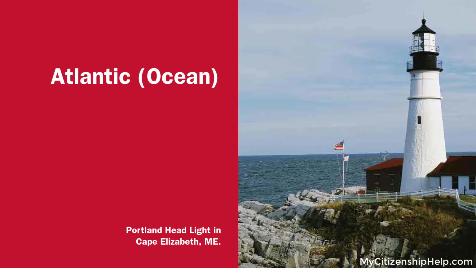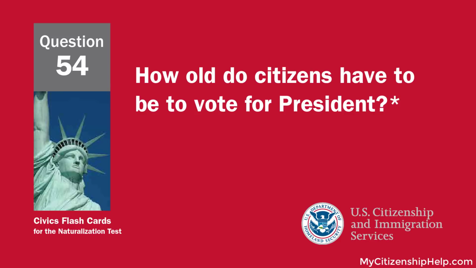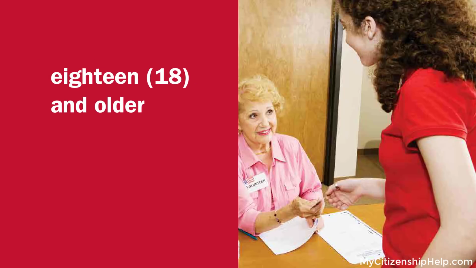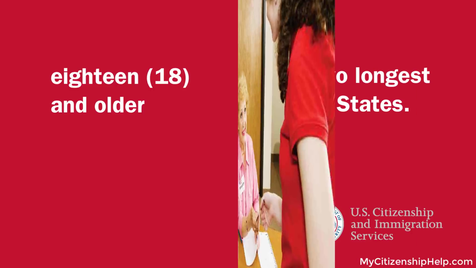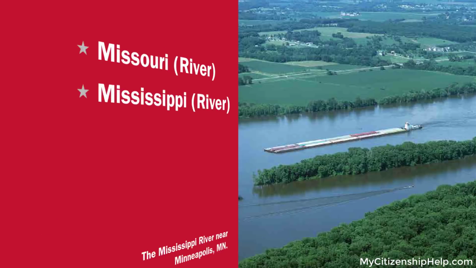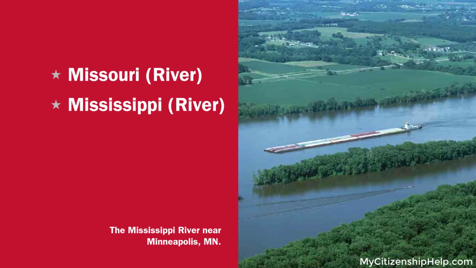Atlantic Ocean. How old do citizens have to be to vote for president? 18 and older. Name one of the two longest rivers in the United States. Missouri River. Mississippi River.